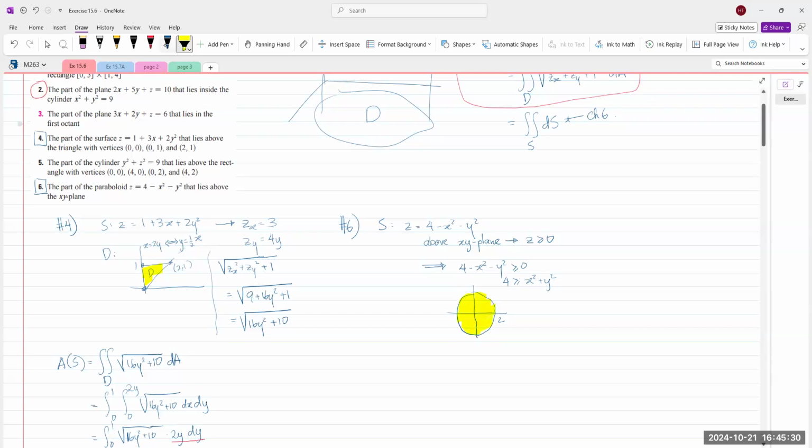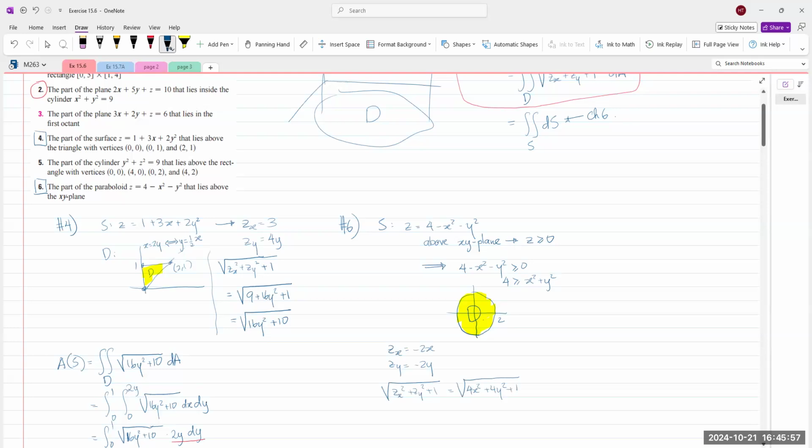Okay, that's our D. Now let's start with z sub x, that's negative 2x, z sub y, that's negative 2y. So the square root of z sub x squared plus z sub y squared plus 1 equals the square root of 4x squared plus 4y squared plus 1.